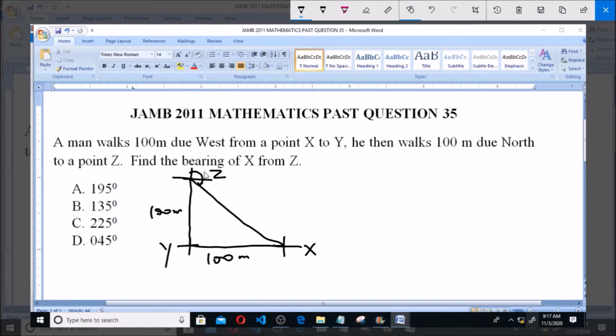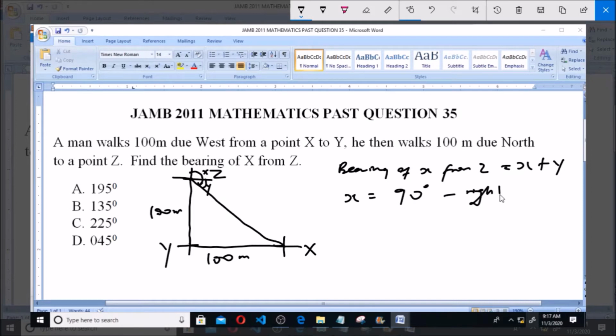Let's call this one angle X and let's call this angle Y. So the bearing of X from Z is equal to X plus Y. But we already know that X is equal to 90 degrees because it's a right angle. So for us to find the bearing of X from Z, we have to know the value of Y.